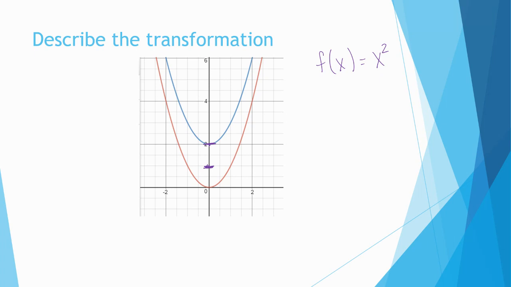When I am moving up or down, I am adding or subtracting outside of the exponent or parentheses. So I'm going to write the rule for my new function as x squared plus 2. That is the transformation of the parent graph, which is simply x squared.